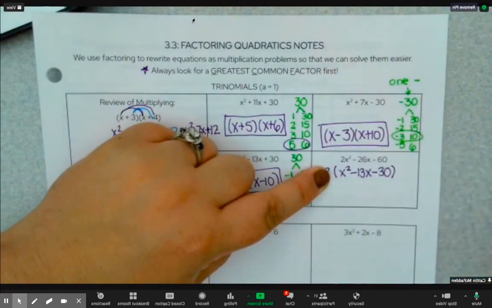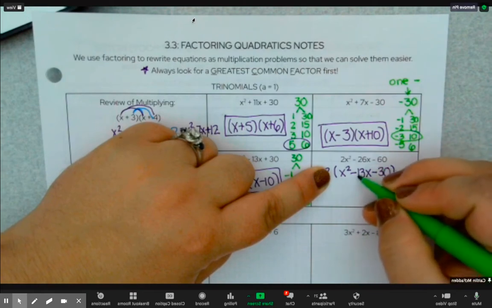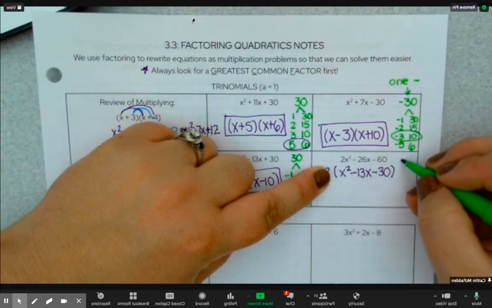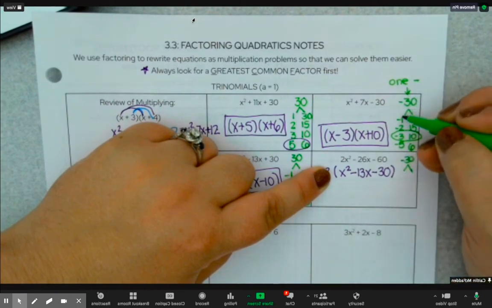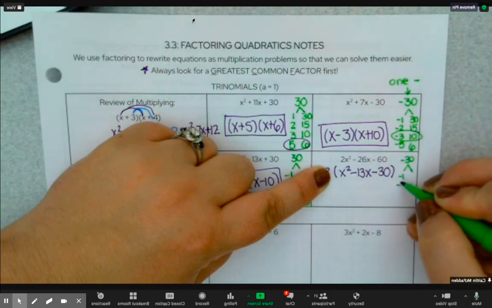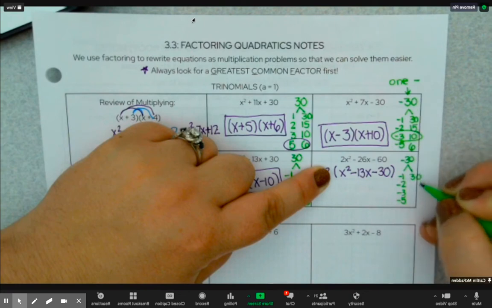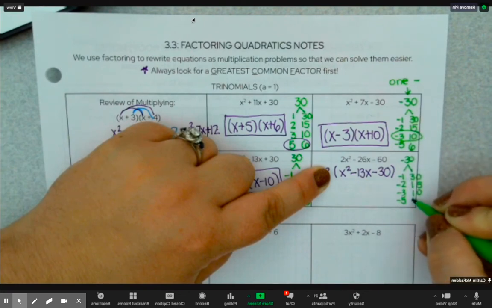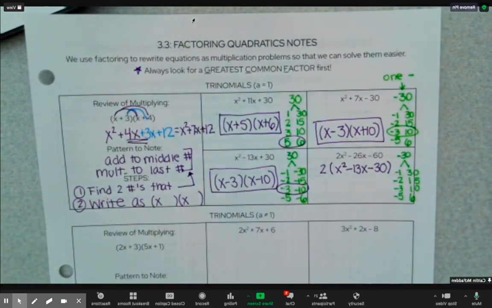So I'm going to figure out 2 numbers that multiply to negative 30 and add to negative 13. Since it's negative 30, I need one of them to be negative. So I'm going to copy down this exact same thing that I did up there. Okay. And then I'm looking for ones that add to negative 13 in the middle.